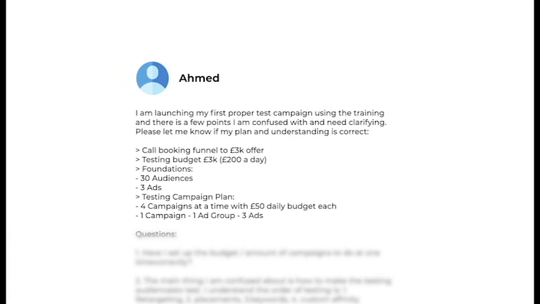Testing budget is 3,000, so that's 200 euros a day. Foundations, he's got 30 audiences, 3 ads, and his testing campaign plan, he has 4 campaigns with 50 euro daily budget each, 1 campaign, 1 ad group, and 3 ads.